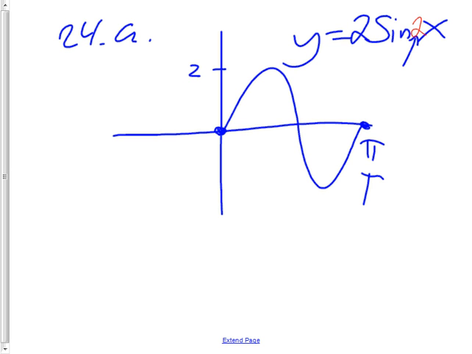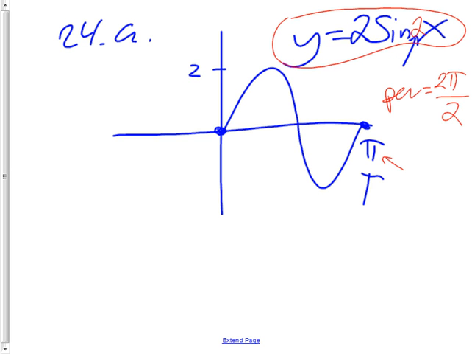Let's try a 2 there. So period is supposed to be 2 pi divided by whatever's there. So if I put a 2 there, is this going to work? Yeah, because 2 pi over 2 is going to cancel out the 2's. It'll be pi. The period will be pi, and that's what we want. See? It's pi. So yay, it worked. And so that means this is our equation for that graph.